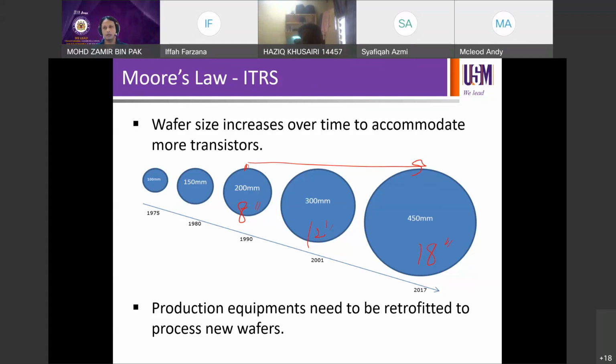So if you want to build a fab with 18-inch capability, it will simply be more expensive compared to an 8-inch fab. So it's not simply like upgrading to new equipment. You need to change the whole equipment in the production line to accommodate your new wafer size.